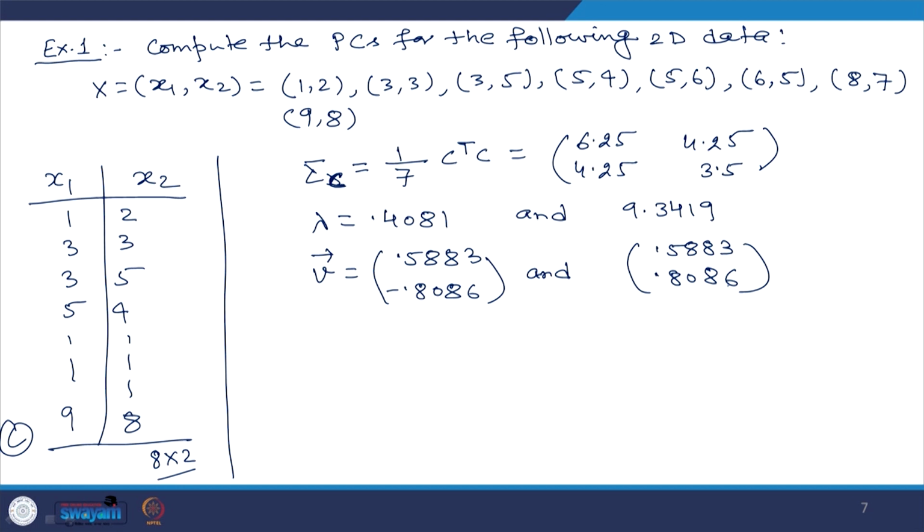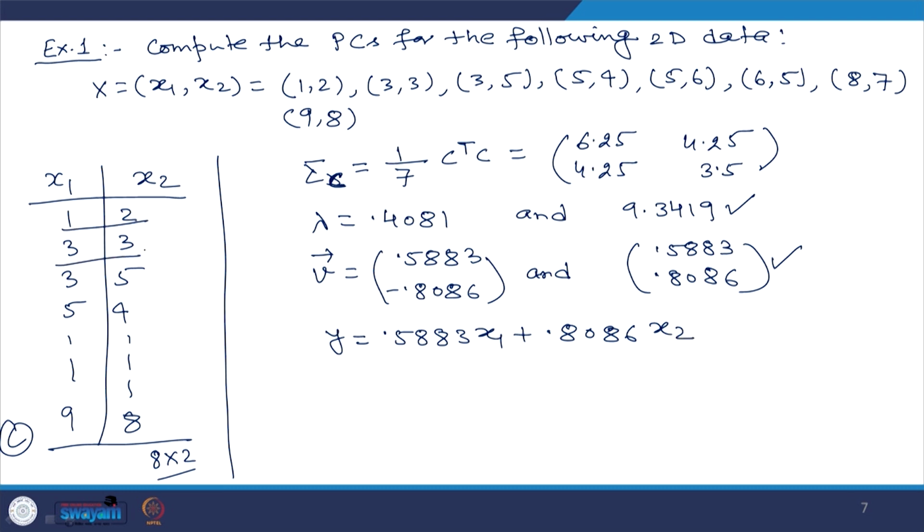So, if I want to reduce this data into one dimension, then that one dimension, if data is y, will become, because this is the larger eigenvalue, so this will be the principal direction. So, 0.5883 x1 plus 0.8086 x2.